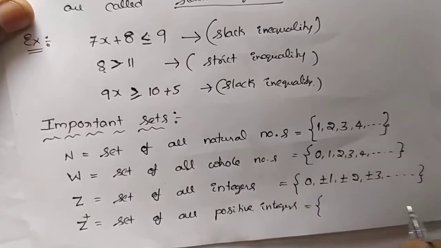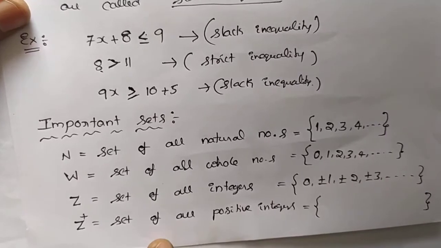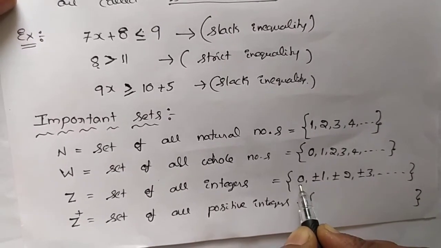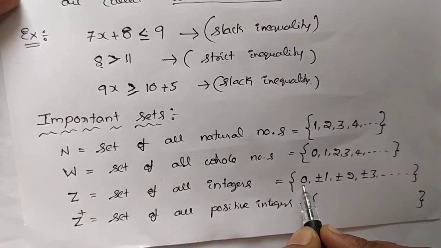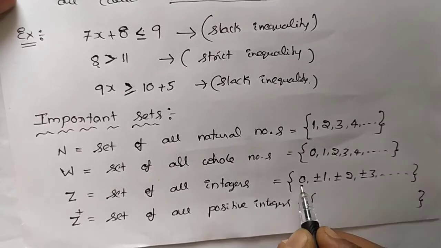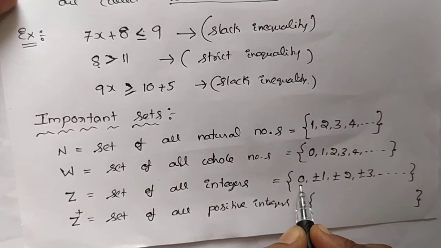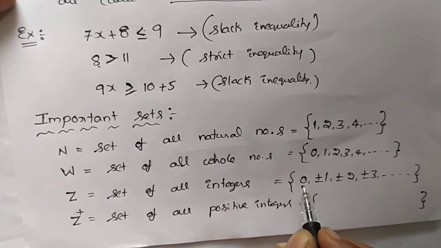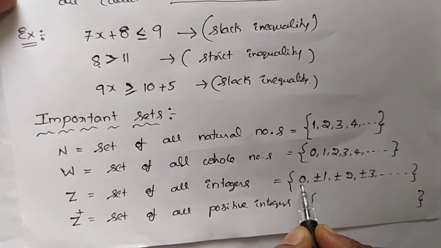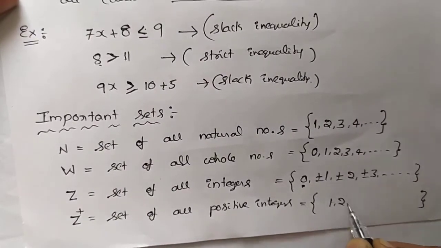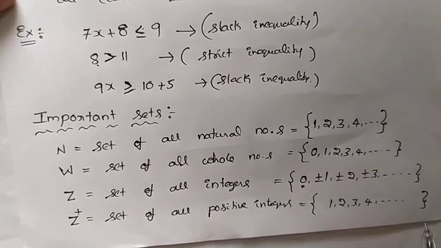I already told you in the bridge course itself that 0 is neither positive nor negative, but sometimes we will consider 0 as a positive number. So the set of all positive integers will be 1, 2, 3, 4, 5, 6 and so on.